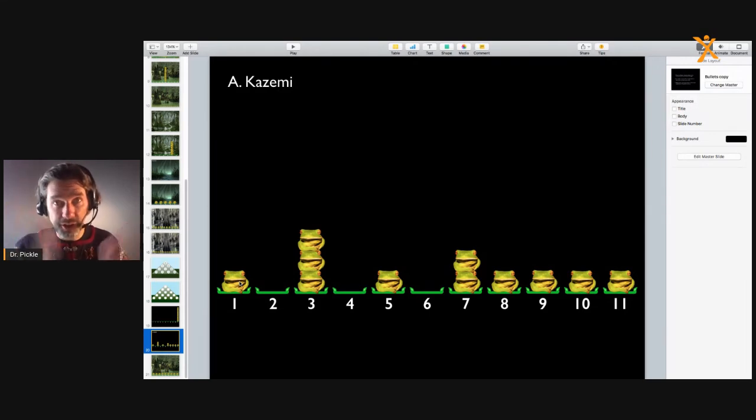You win whenever all your frogs get on the same lily pad. So Dubowski, you can't go from 1 to 3. Or maybe that was a question that you had for another one. Anyway, go ahead, guys. Make a suggestion. How am I going to solve this and show Kazemi is wrong, that this is solvable? Or is Kazemi correct? Have we found an example of something that is not solvable?